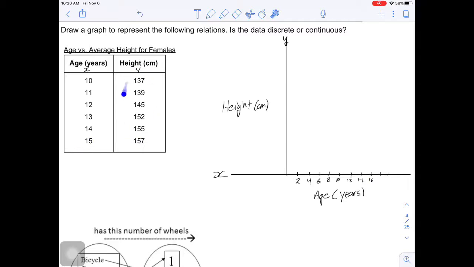Now, my height here, I start all the way at 137. So what can I do about that? I'm going to erase this bottom portion here, and I'm going to put a little squiggly. What does a squiggly mean? Squiggly means that we're not starting at 0.